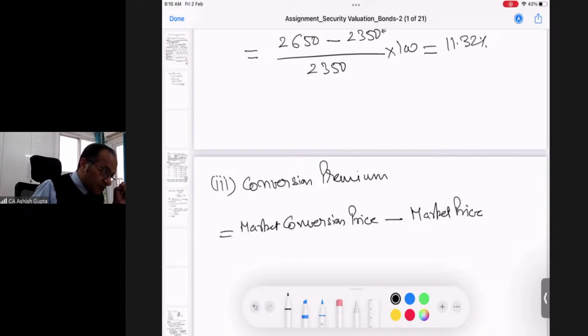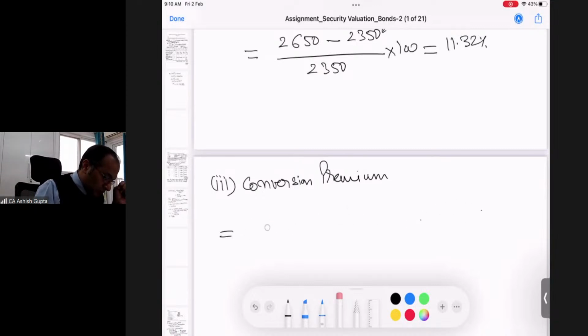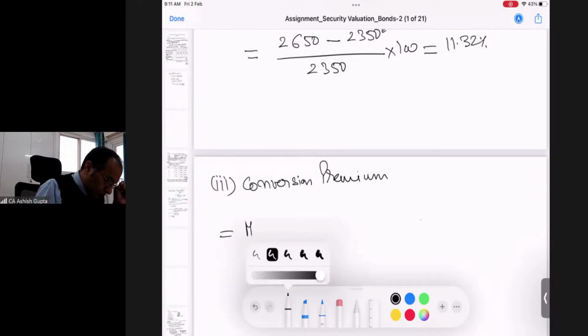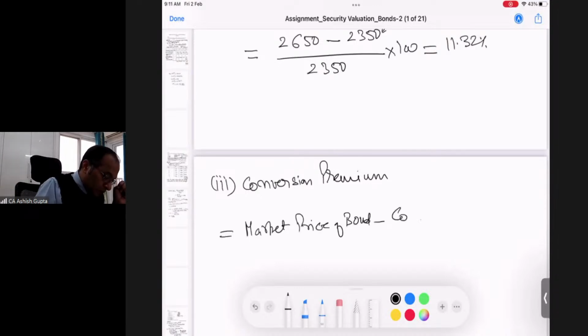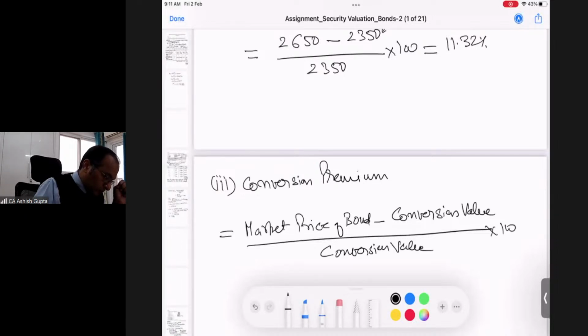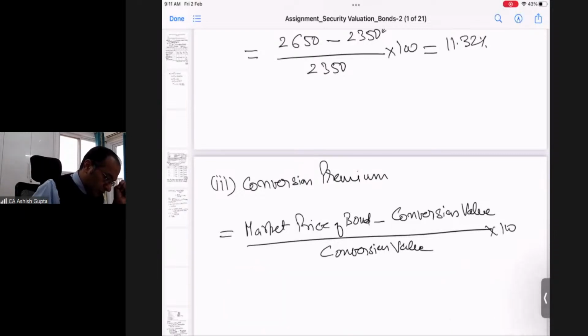Conversion premium is equal to the following.